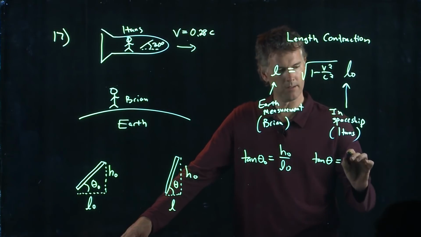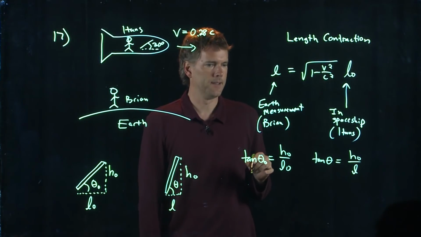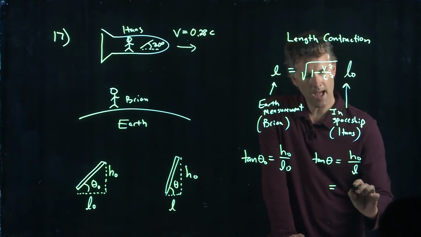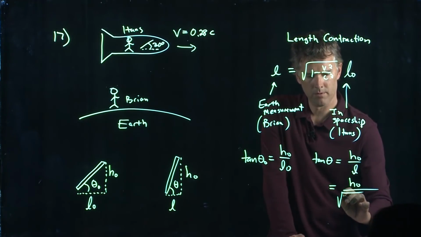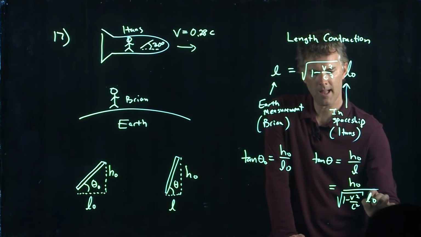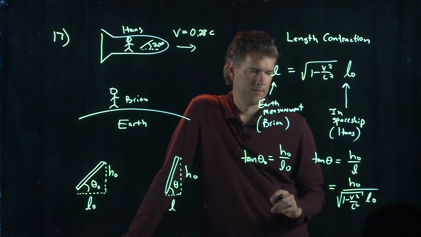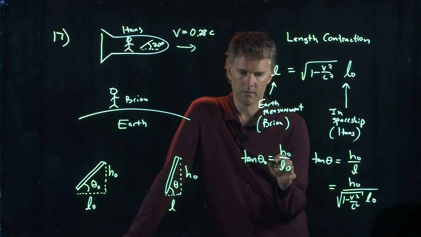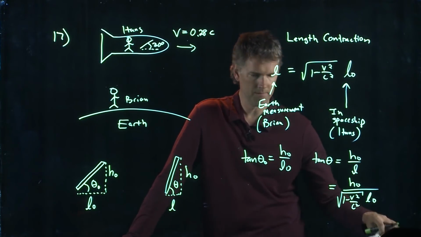Tangent of theta is H naught over L. But H naught over L is the same as H naught over the square root of 1 minus V squared over C squared, all of that times L naught. And H naught over L naught, we know what that is. That's just the tangent of theta naught. And so now you can put all this stuff together.